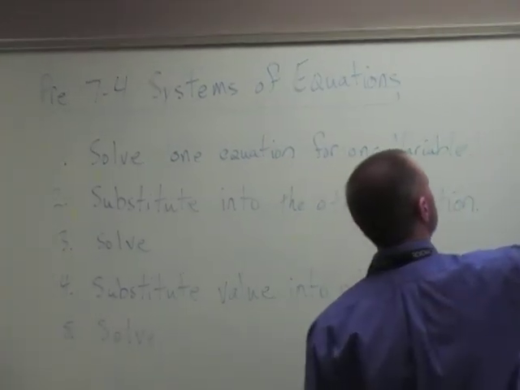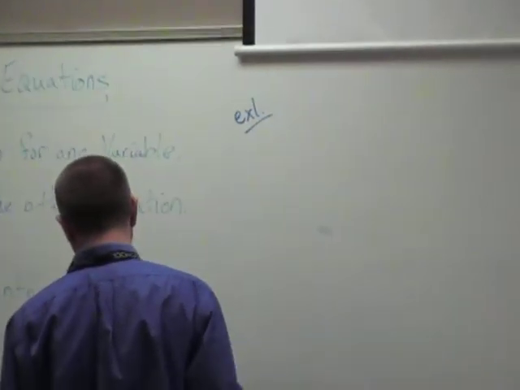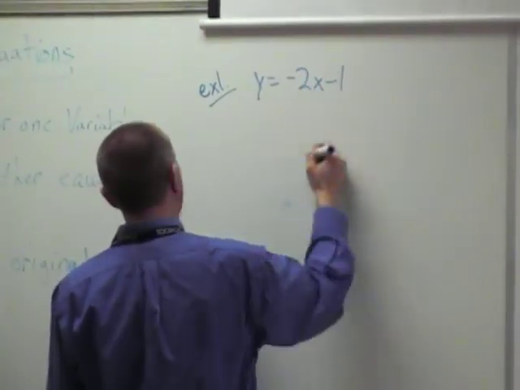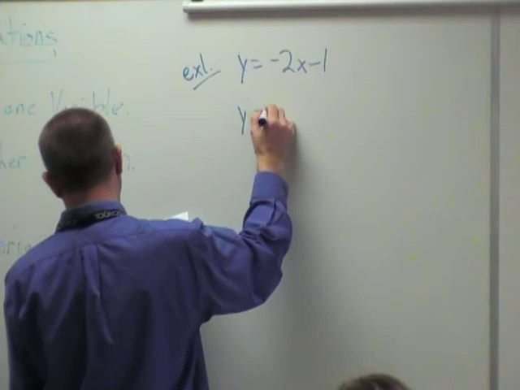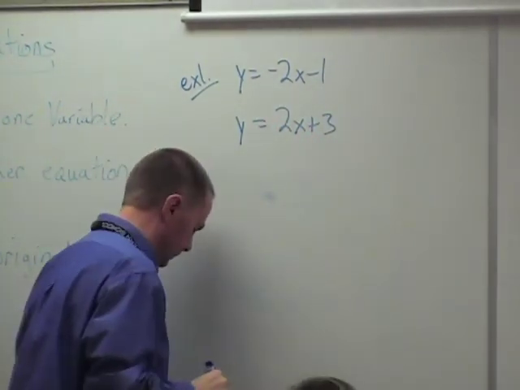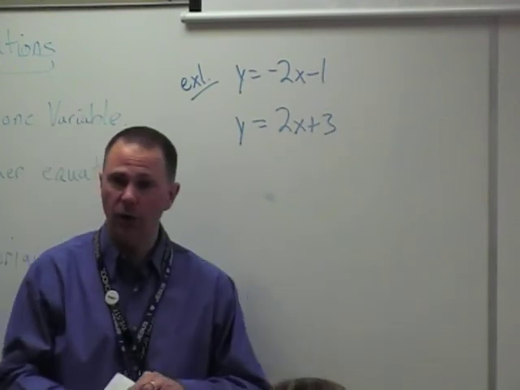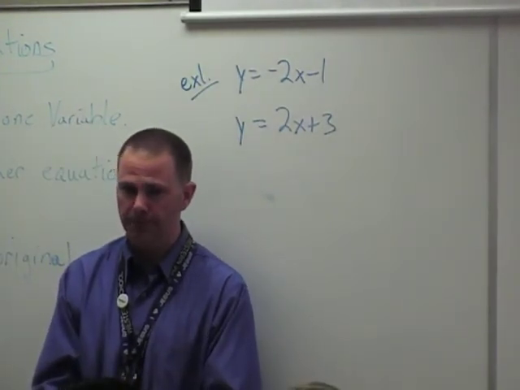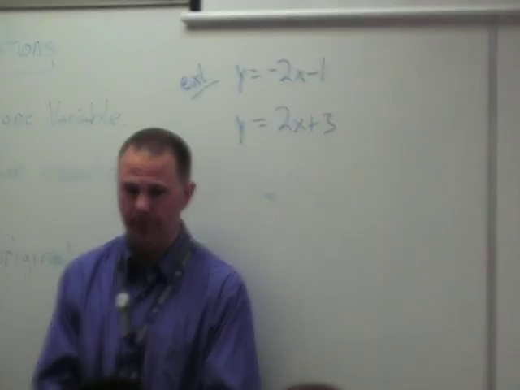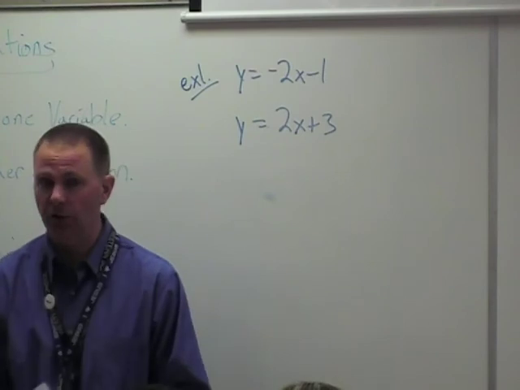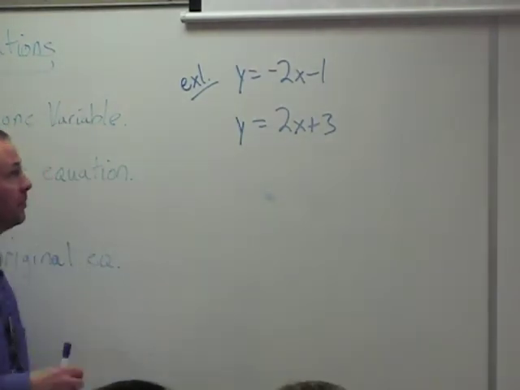Example 1. y equals negative 2x minus 1, and y equals 2x plus 3. Here you have 2 equations and you have 2 variables.